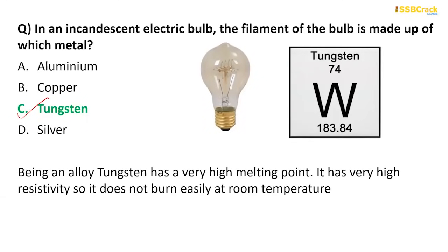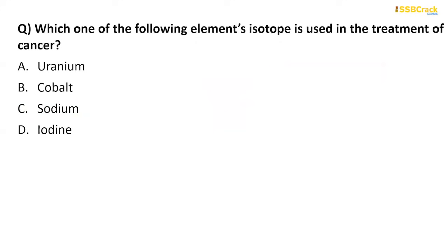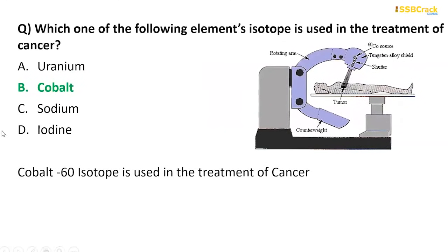Moving on to the next question, we have: which one of the following element isotopes is used in the treatment of cancer? So the correct answer for this question is cobalt 60, to be very particular. So you see that can be used for the treatment of cancer. So this time they have asked the isotope cobalt.